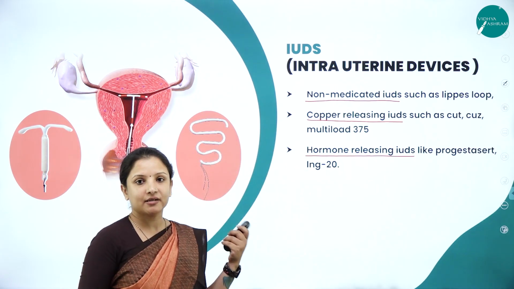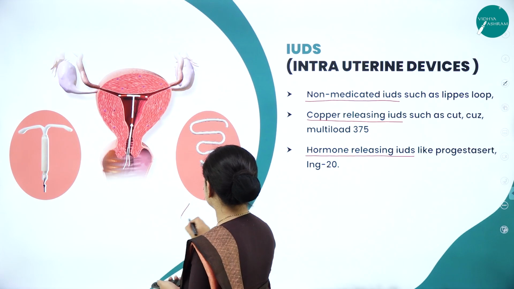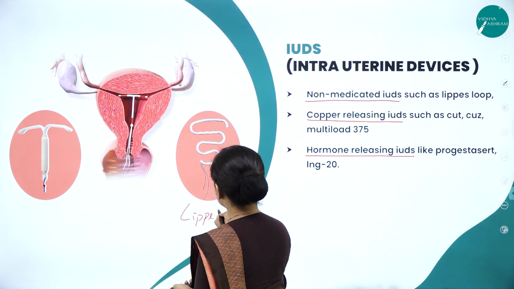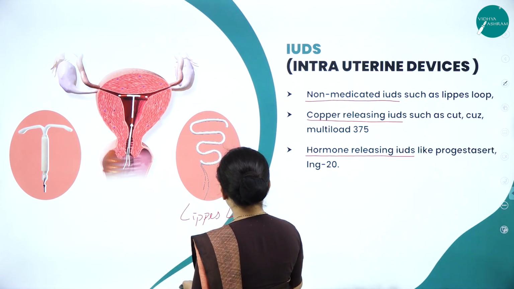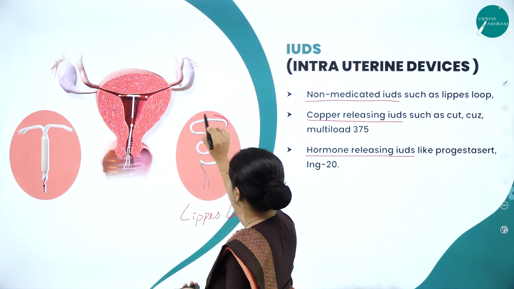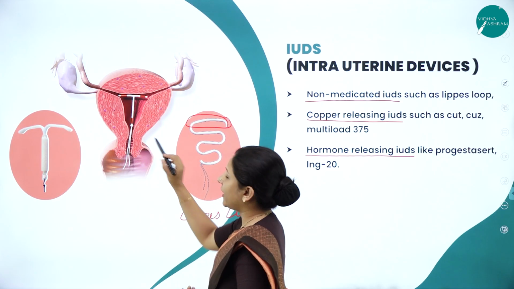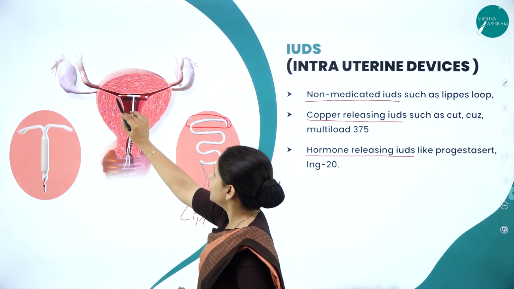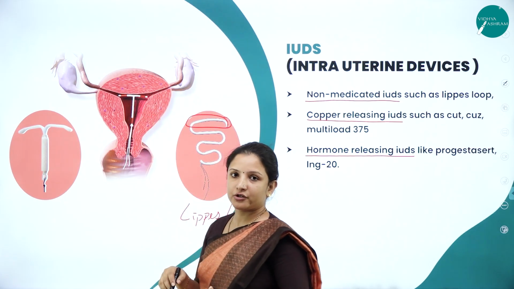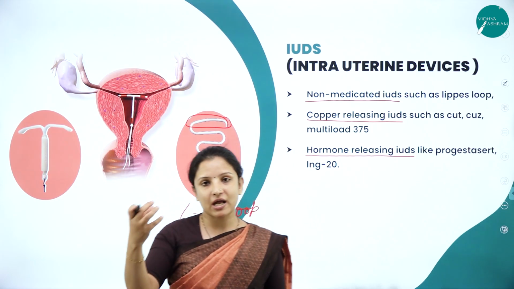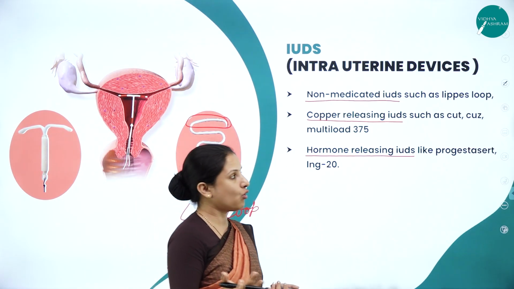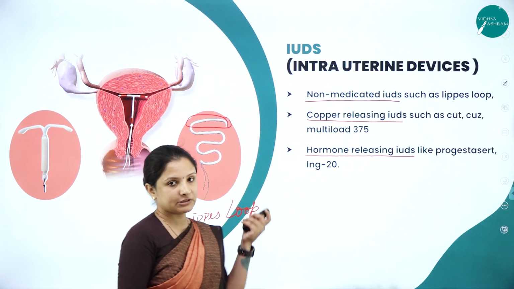Non-medicated devices such as the Lippes loop are non-medicated, but this loop-like structure is inserted into the uterus and it blocks the opening of the fallopian tubes. Therefore the sperm cannot travel and cannot reach the ova. So that is how the Lippes loop is used.